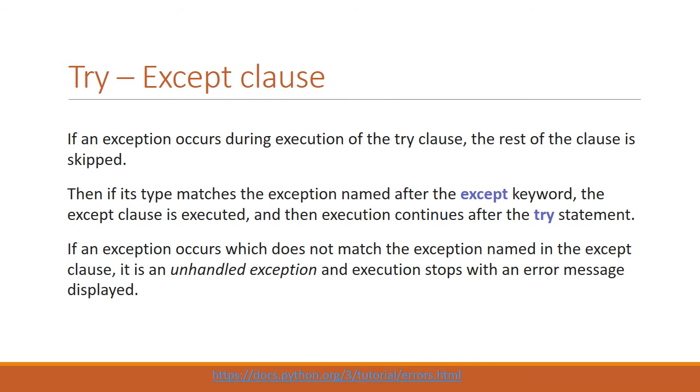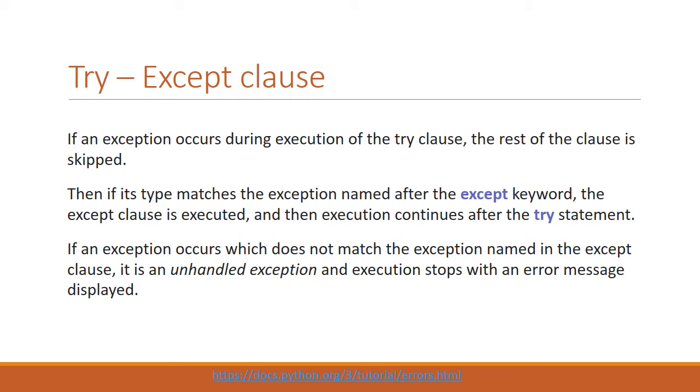If an exception occurs during the execution of a try clause, the rest of the clause is skipped. Then, if its type matches the exception name after the except keyword, the except clause is executed, and then execution continues after the try statement.